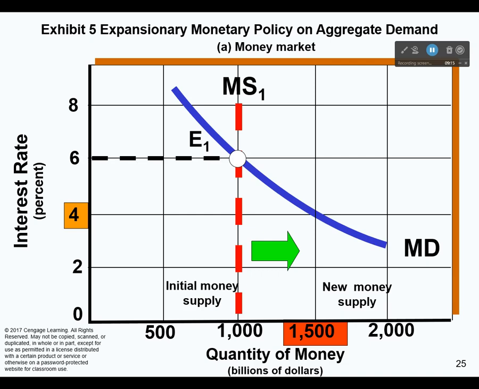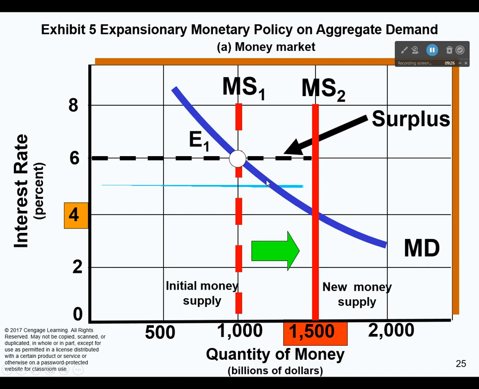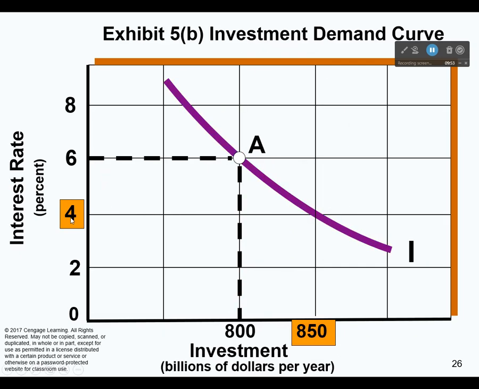An increase in the quantity of money from MS1 to MS2 causes us to move down this money demand curve because of the surplus of money that now exists. People will take this money, buy bonds with it, increasing the price of the bonds and causing interest rates to fall, bringing us to a new equilibrium here at E2, where interest rates went from 6 down to 4%.